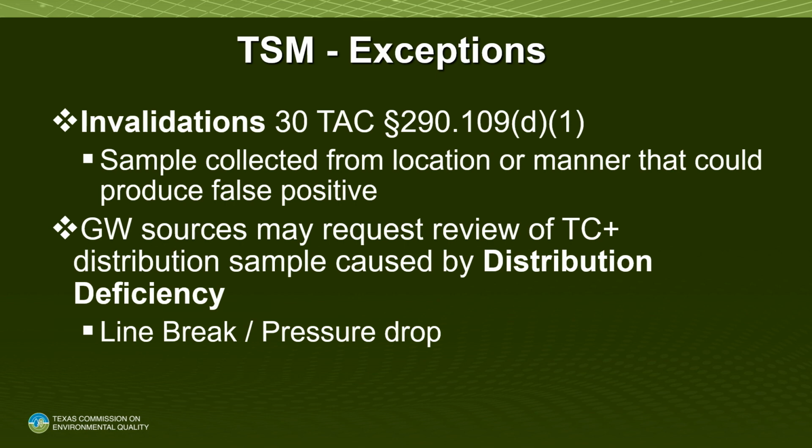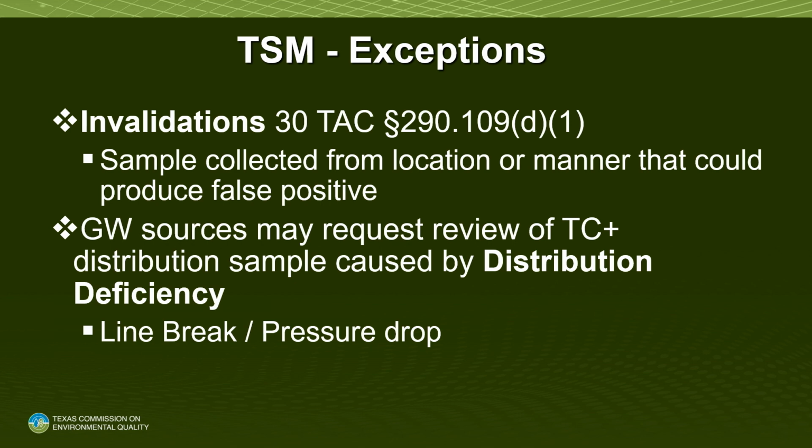There's also, in rare situations, where you could have a positive in distribution that was attributed to some construction activity or a line break or something right by the sample site. You could give us a call and say, hey, I think we have a distribution deficiency here. I don't think this positive was representative. We'll evaluate it and decide.